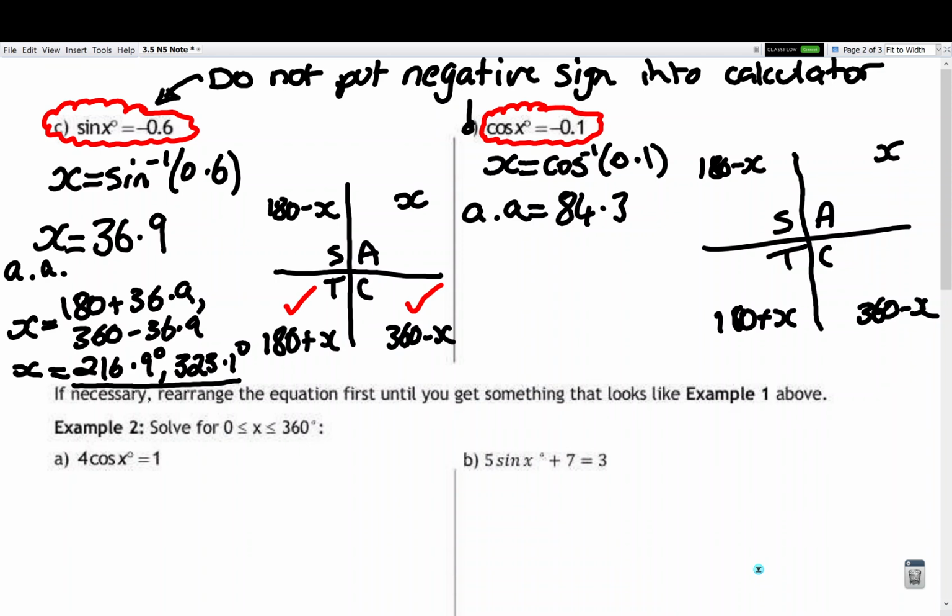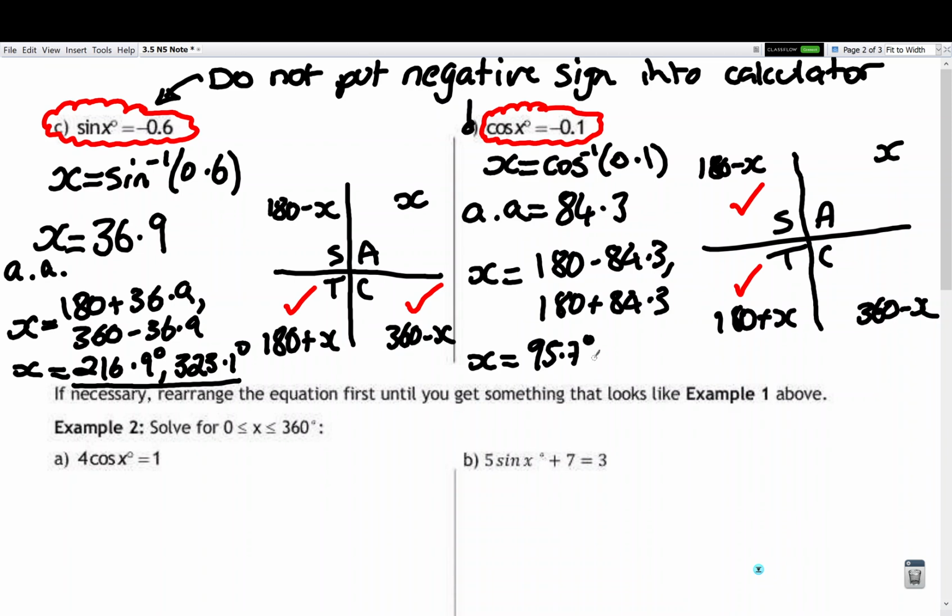Cosine is positive in A and C, which means it's negative in S and T. So to get our two solutions, we do 180 minus 84.3 and 180 plus 84.3. That gives 95.7 degrees for the first one and 264.3 degrees for the second, and that's you done.